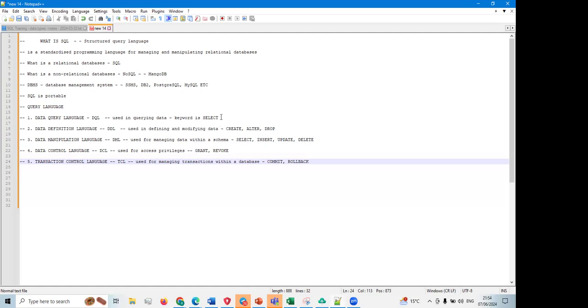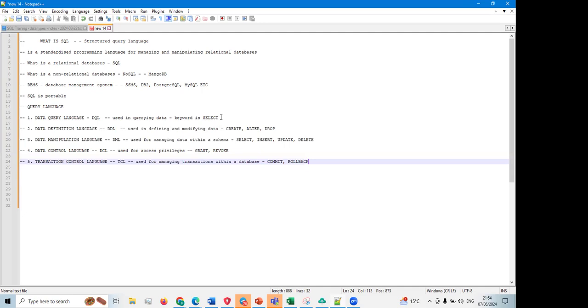Right? So the main word that you will be using will be the select keyword. But this also has a structure. The select keyword itself has got a structure that it needs to follow.